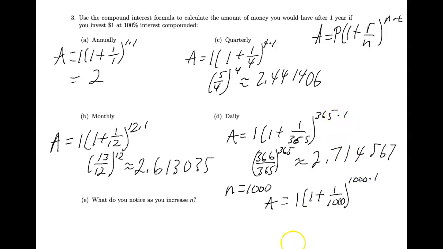You'll get 1,001 over 1,000 to the 1,000, which is approximately 2.7169239. So what are you noticing as you increase n? Hopefully you're realizing that this approaches e.